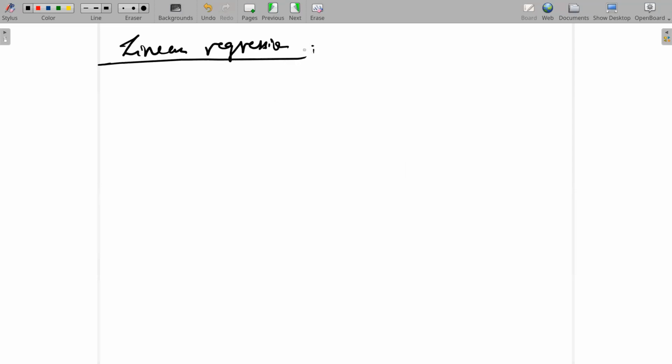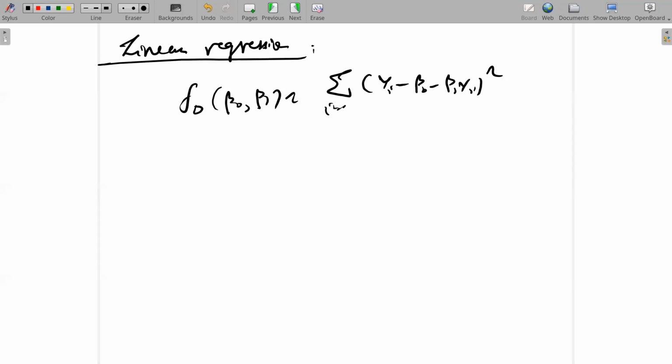So in linear regression, we wanted to maximize this objective function, beta 0, beta 1. So here the decision space, I said, we are trying to find the best fitting line.